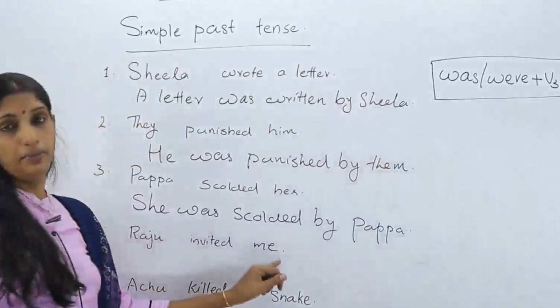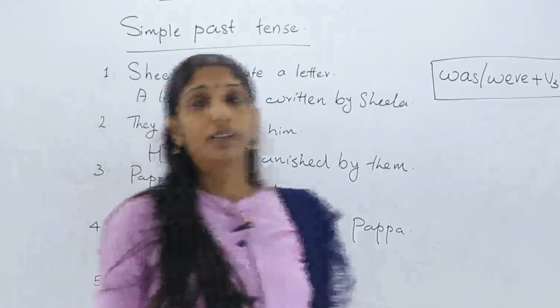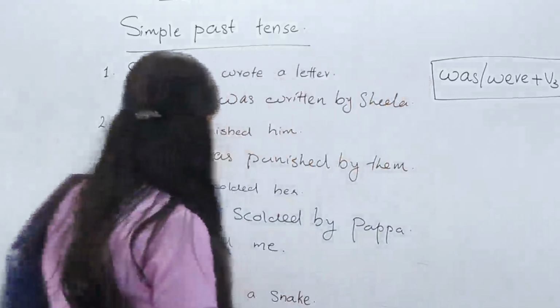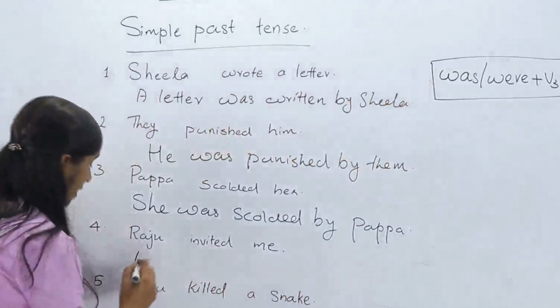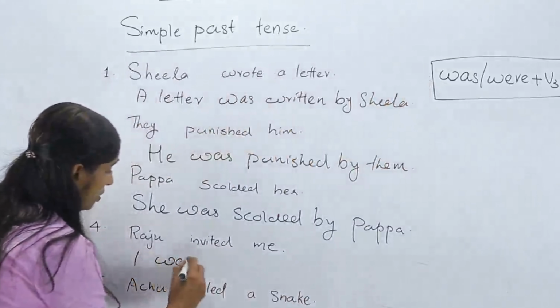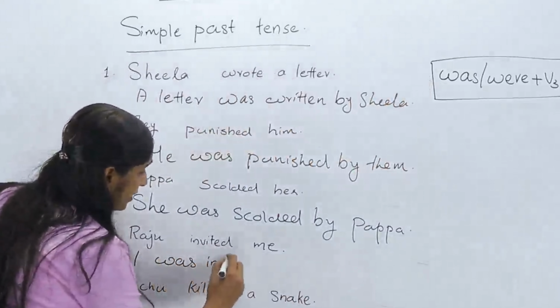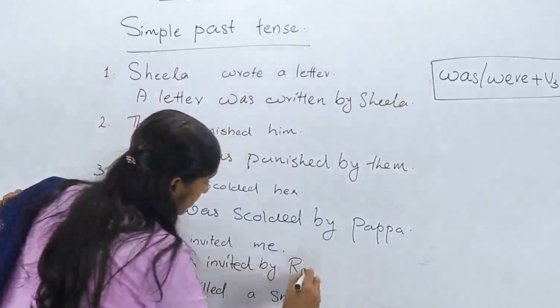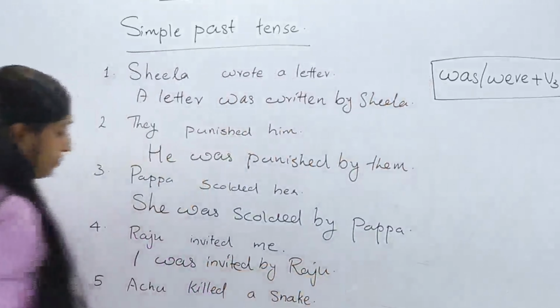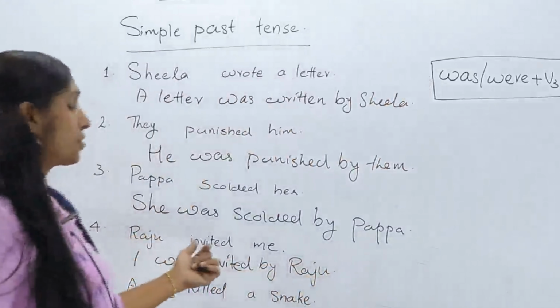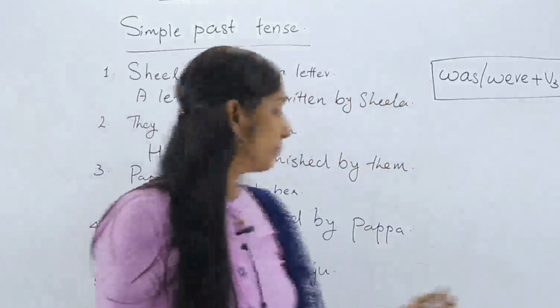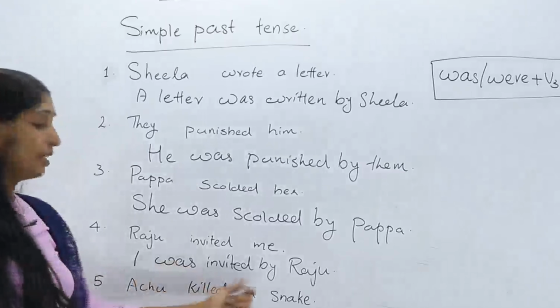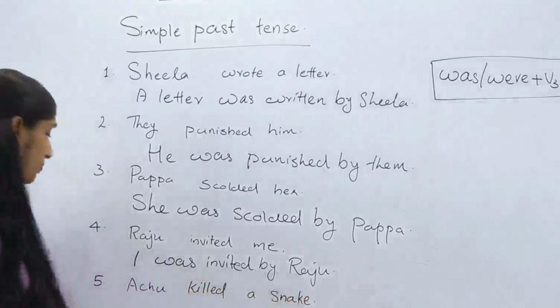Raju invited me. How do we write? Okay. I was invited by Raju. Is it clear? Raju invited me. I was invited by Raju.